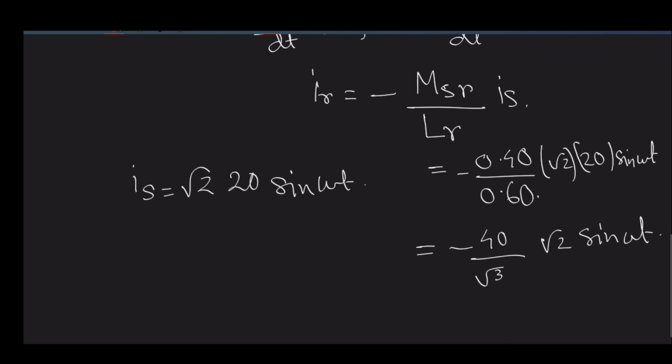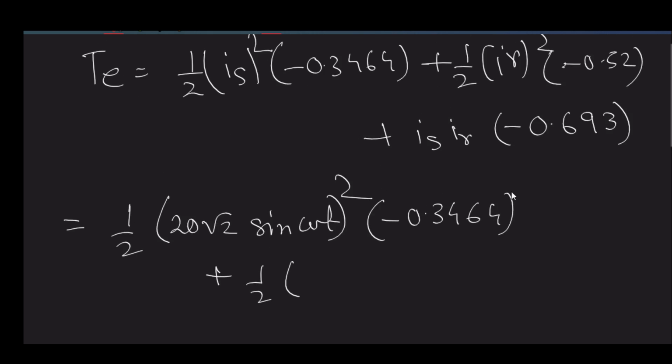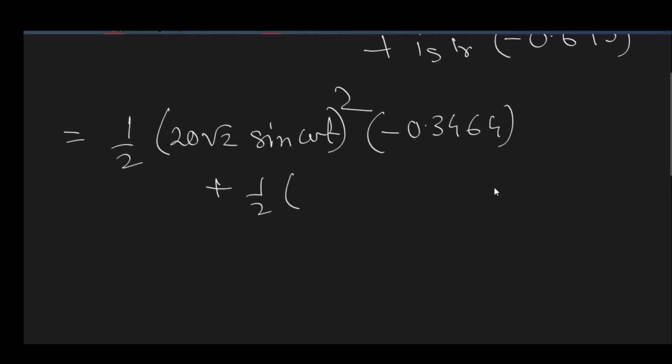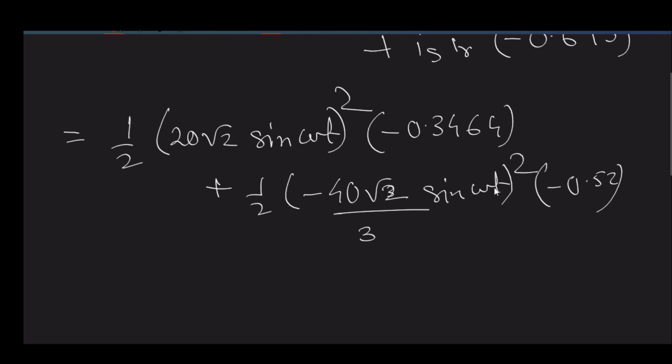Here it is IR. So you should write IR is equal to minus 40 root 2 by 3 sine omega t, whole square, minus 0.52.